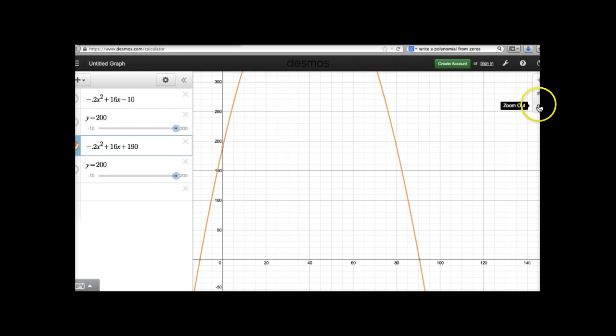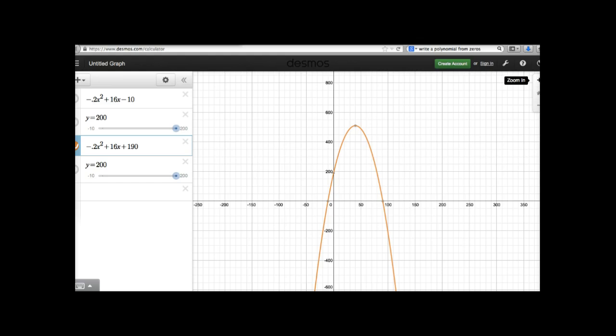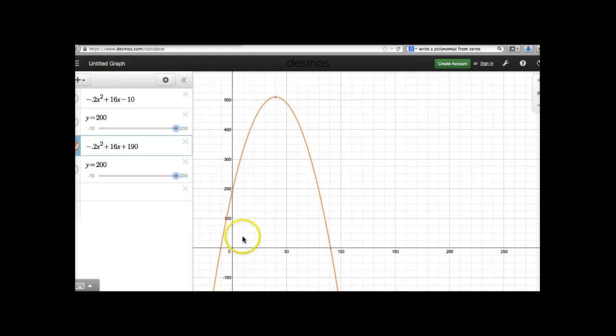I'm going to zoom out so I can see the top a little more. Here's the most profit that I could make: $510 if I charged $40 per pet washing. That would be my maximum. So use your graph to help explain and think about things. It can be very helpful.